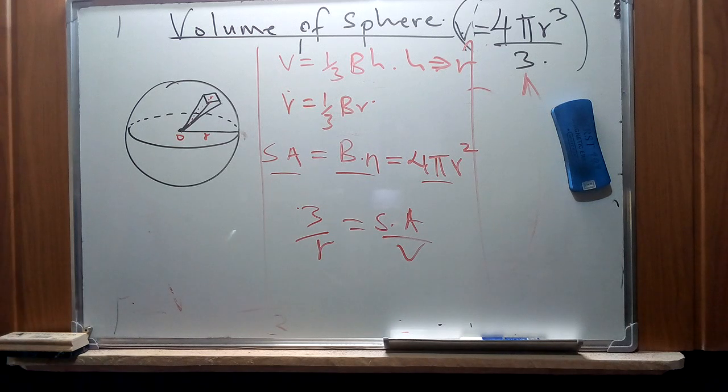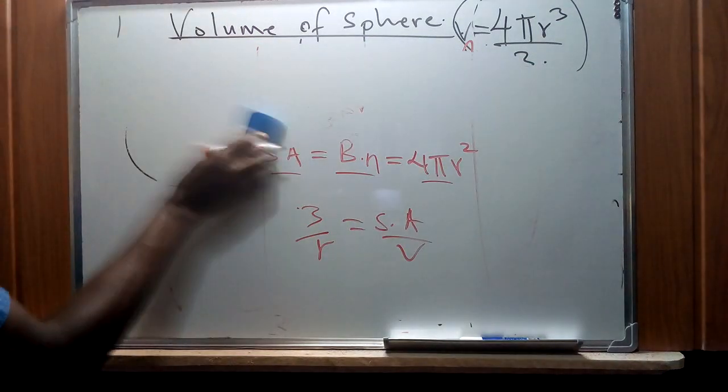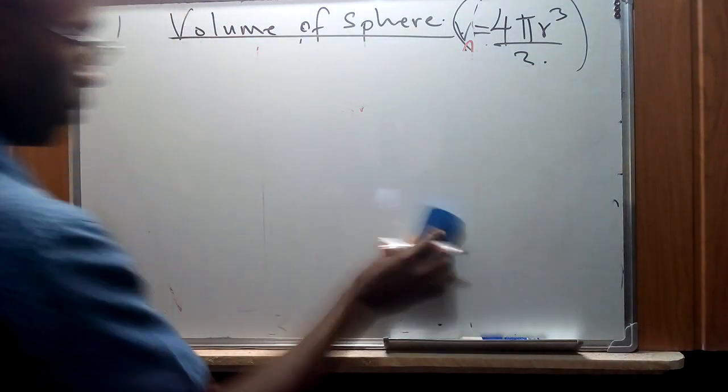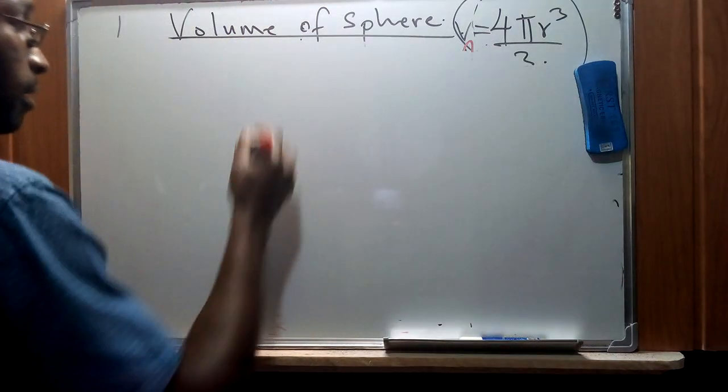So having looked at the representation of a sphere, and having talked about the surface area and how we can represent volume, I'm going to look at the second last concept that is going to assist us as well. And that is the equation of a circle that is derived from the concept of Pythagoras theorem.